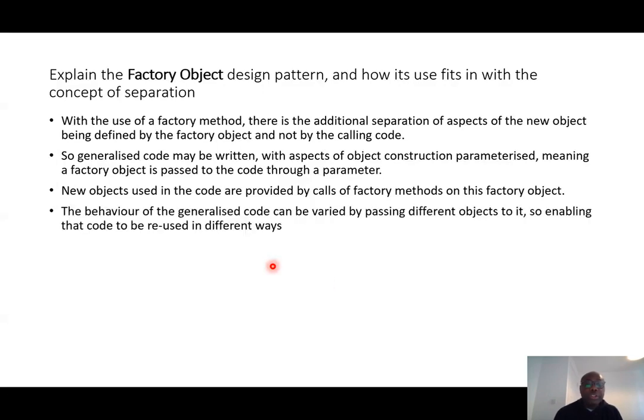The behavior of a generalized code can be varied by passing different objects to it, enabling the code to be reused in different ways, because inheritance has been put into the parameters that can be passed to a method by creating factory classes and objects, and the methods.